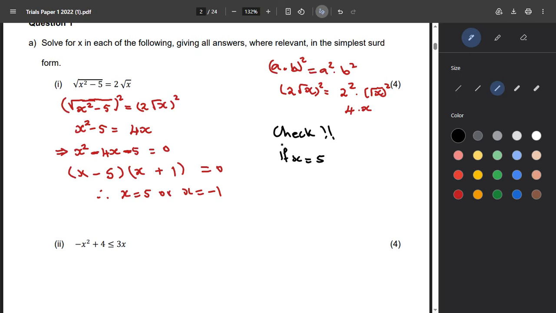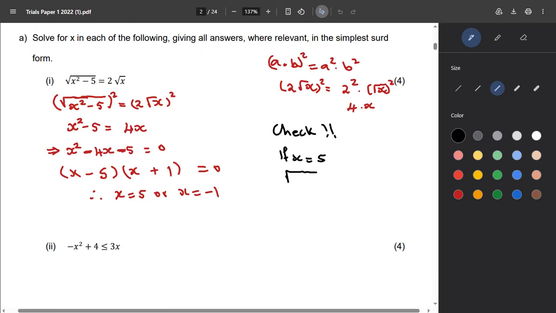So on the left-hand side, we're going to have the root of 5 squared minus 5, which is 25 minus 5. This will be the root of 20, and this equals 2 root 5.